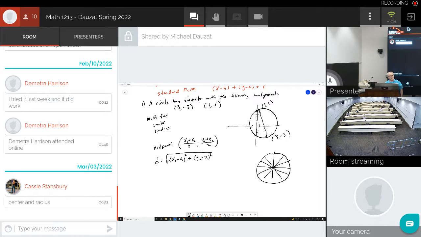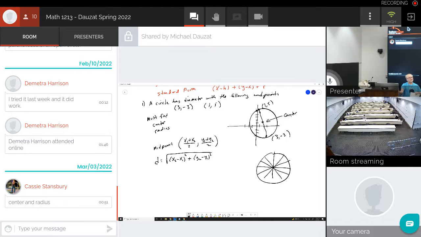So if I'm given the diameter, how can I find that center? How can I find this point right here? This is going to be the center of the circle. The center of that circle happens to be what part of the diameter? The midpoint. The center of the circle is the midpoint of the diameter.